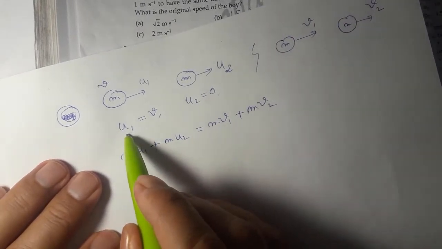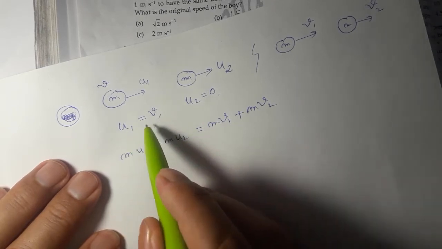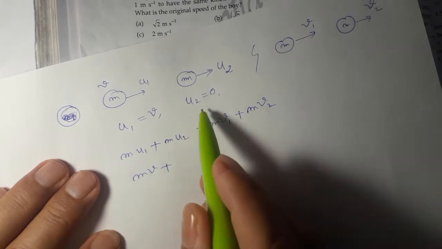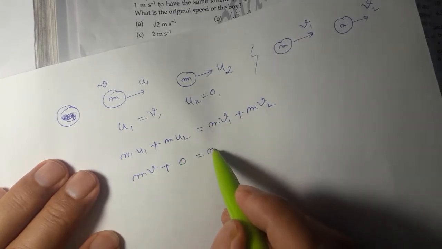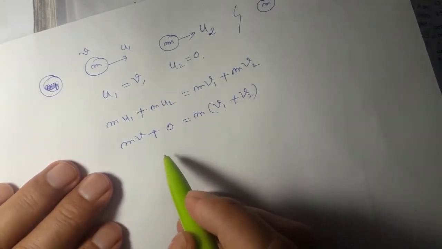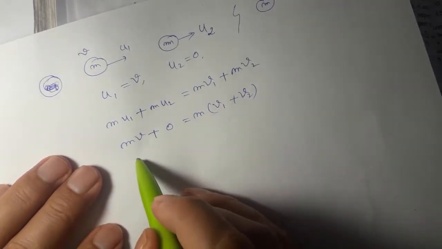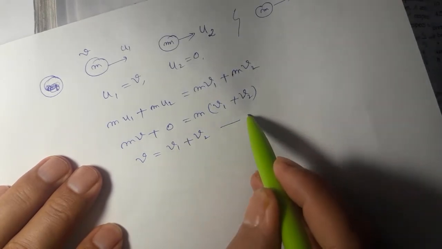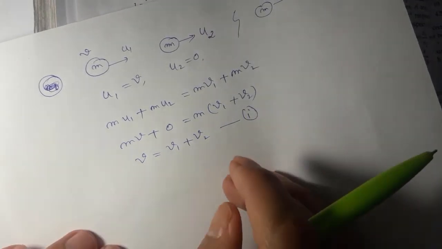If you replace, u1 is going to be v, so you can write mv plus 0 is equal to m common, you have v1 plus v2. On cancellation you have v is equal to v1 plus v2 here. This is equation number 1, let's call it.